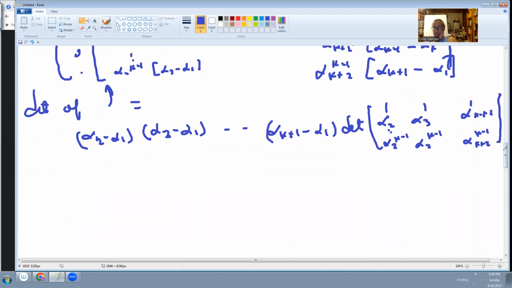But this is where the induction comes in. Notice these are all the products of alpha 2 minus alpha 1, alpha 3 minus alpha 1, alpha 4 minus alpha 1, and so on. So we do the same thing here.